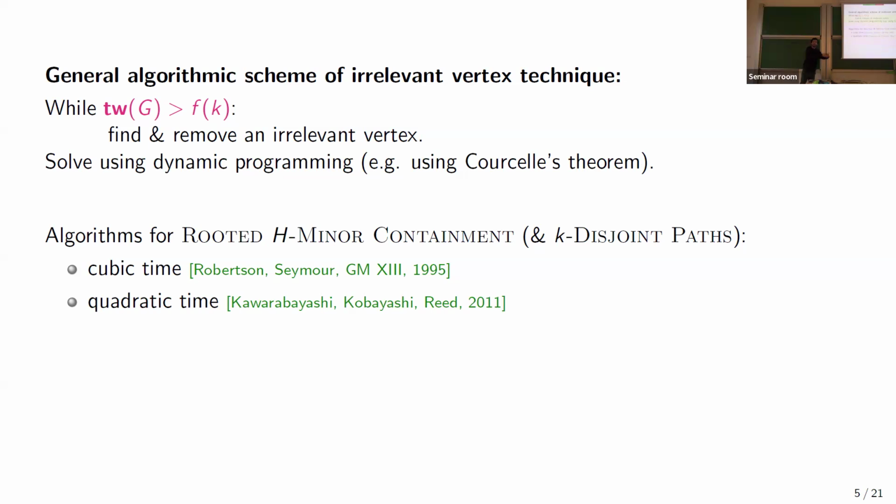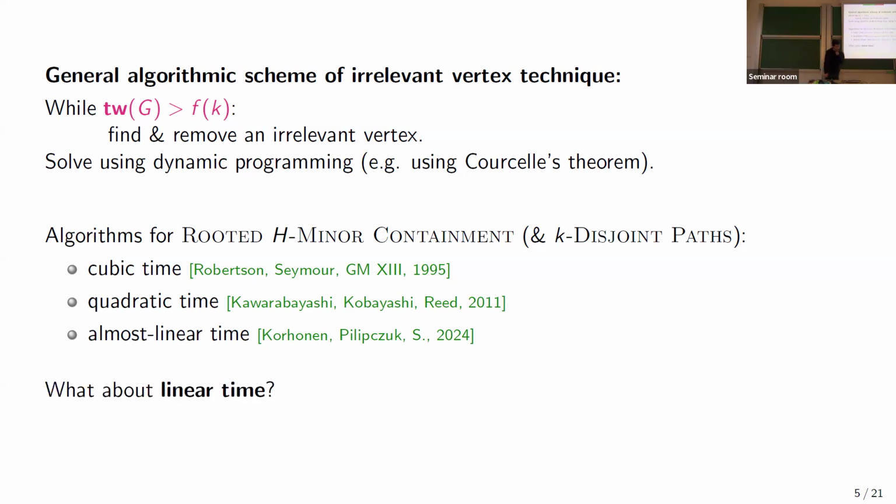Finding the infrastructure that gives you the irrelevant vertices was improved to linear time by Kawarabayashi and Reed. And in fact, this gives a quadratic algorithm for these problems. And recently we had an almost linear time algorithm that basically allows to find each irrelevant vertex very fast. I don't want to get into more details on what's happening here. I think a persistent question is whether we can get really linear time.